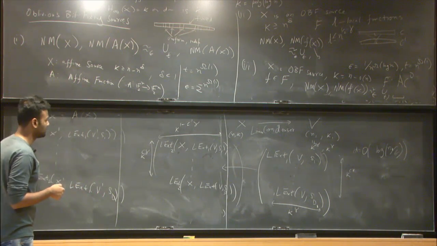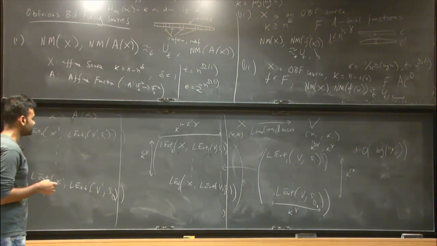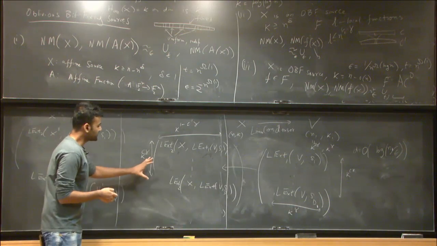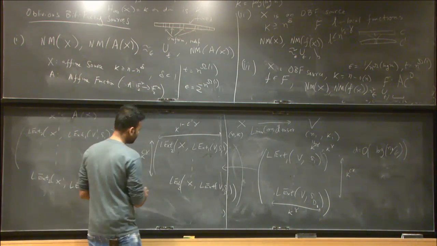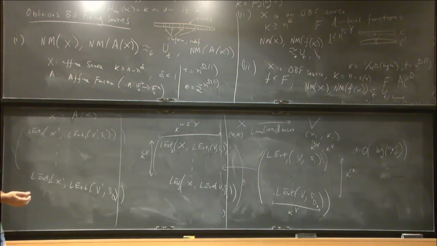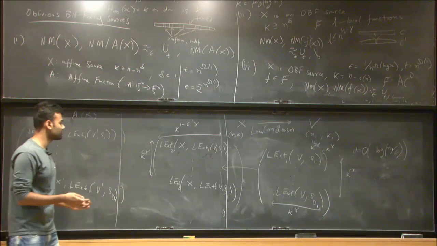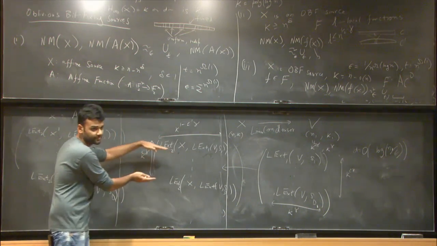Now we need some heavy machinery. The idea is that you want to make all these random variables independent, and then you could just take an XOR of these things.